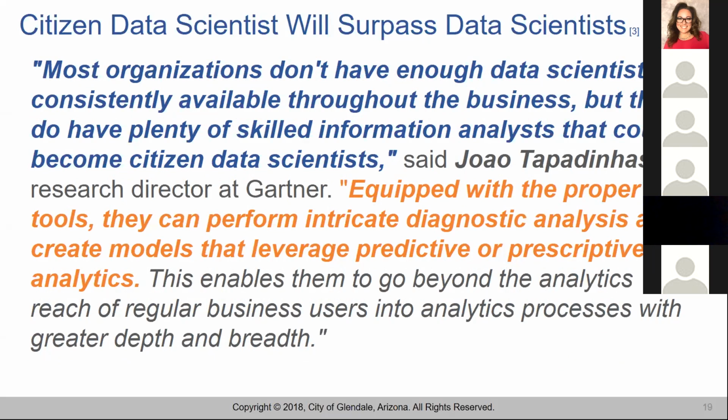So they are what I would call the skilled information analyst, and equipped with the proper tools, they can also perform intricate diagnostic analysis and create models that leverage predictive or prescriptive analytics. Think back to the lioness and fox story I told about diagnostic. That's after you have a report and you analyze it and make interpretations from that, or do things that are more predictive or prescriptive.